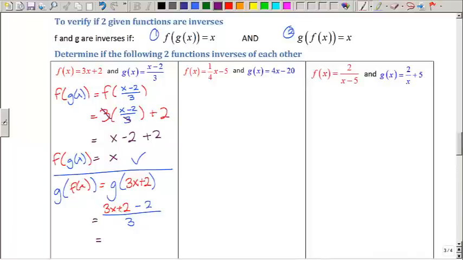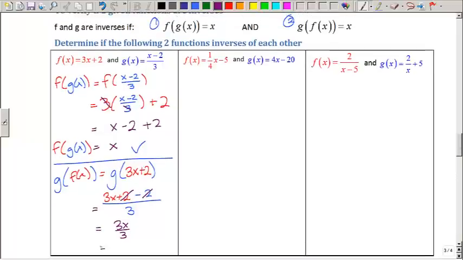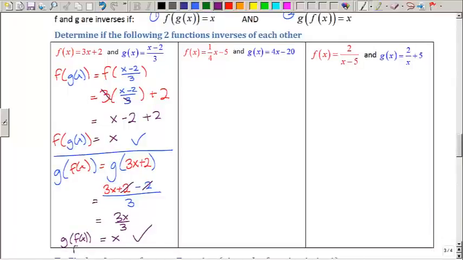In the numerator, plus 2 minus 2 add to 0, and I'm left with 3x over 3, or just x. So g of f of x does equal x. I have now shown both cases, and now I can say f and g are inverses.